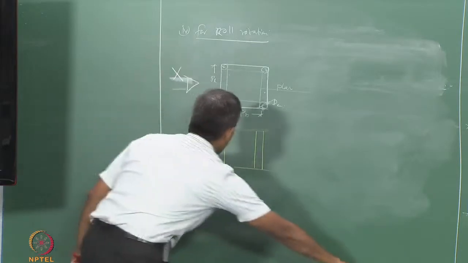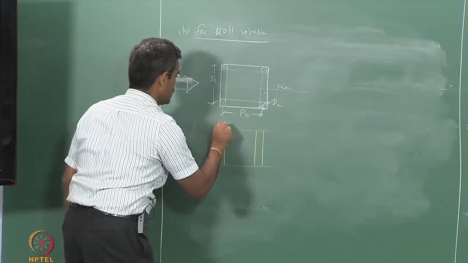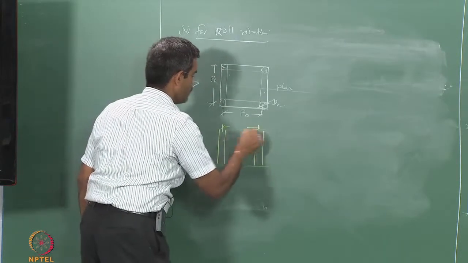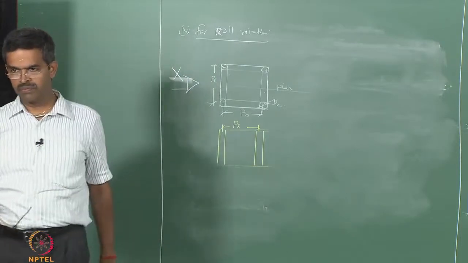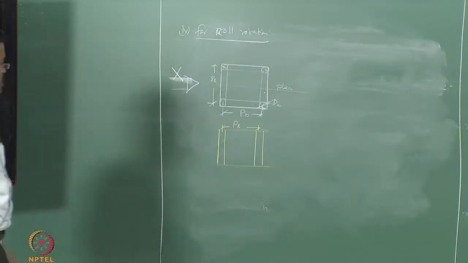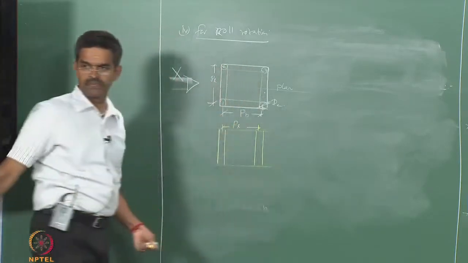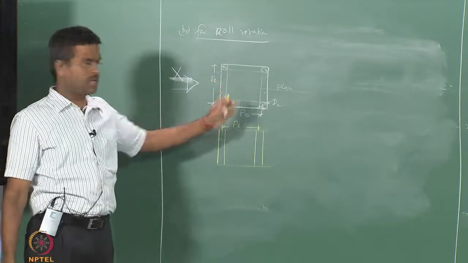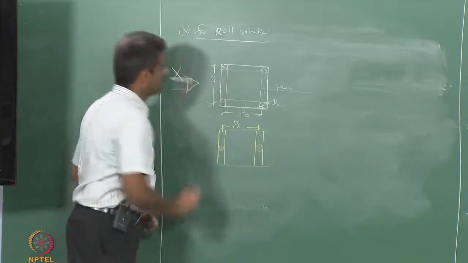Strictly speaking, the center of this will actually be PL. I am looking from this direction, I am looking for roll. This is pitch; moment about this axis is pitch. I am looking along this axis, so I have to draw this view. So I can call this member 1 and this member 2.